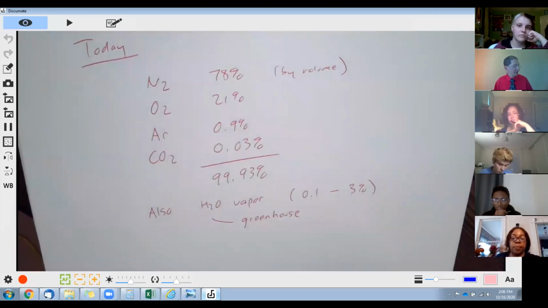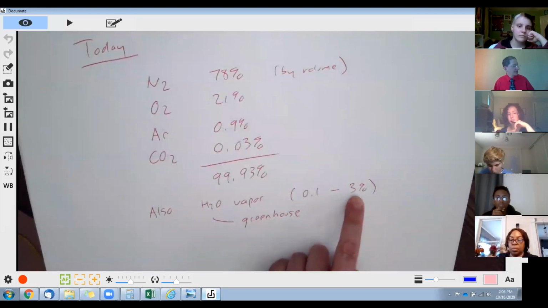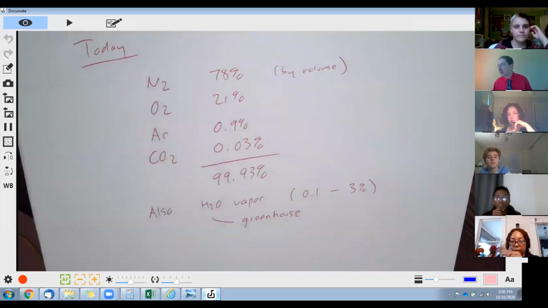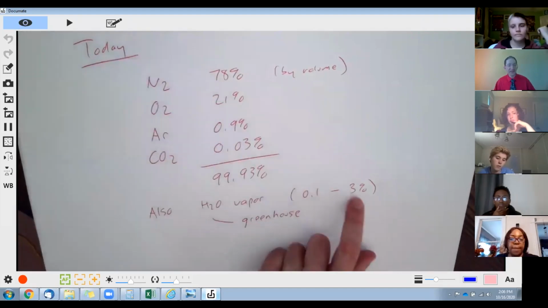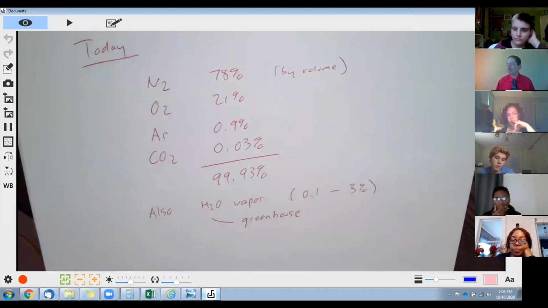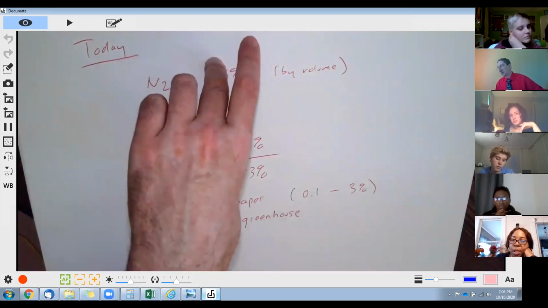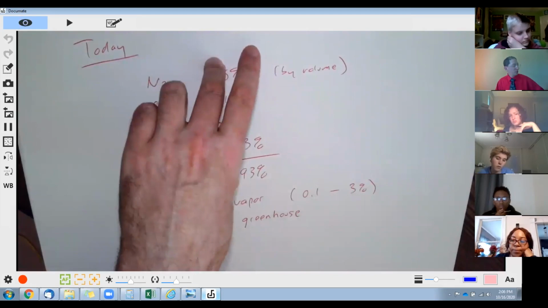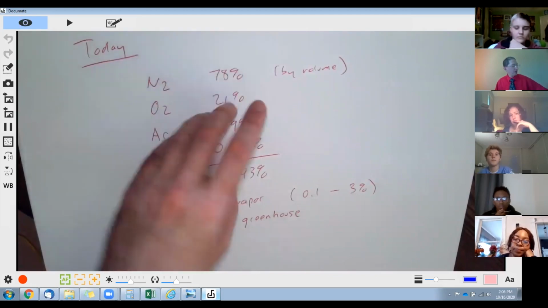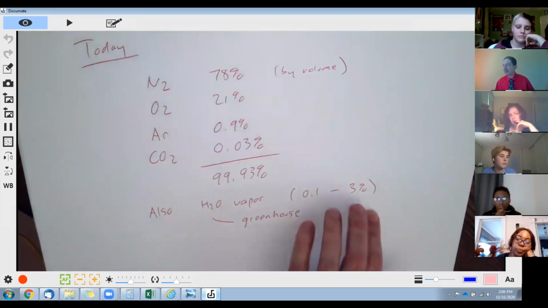Okay. So if it's 3%, basically divide all these numbers by 1.03, and rescale it, so everything's a little bit smaller because you have this extra component. So basically, it's like a percentage of a percentage. Yeah, that's right. These are percentages of the atmosphere out of everything except for the water vapor. If you want to add the water vapor in on this scale, it would be in this range.